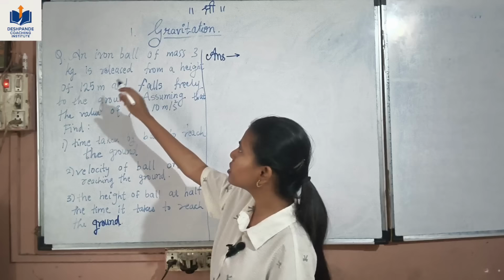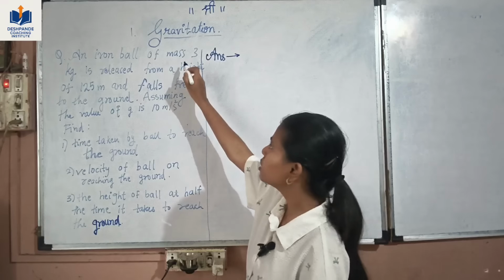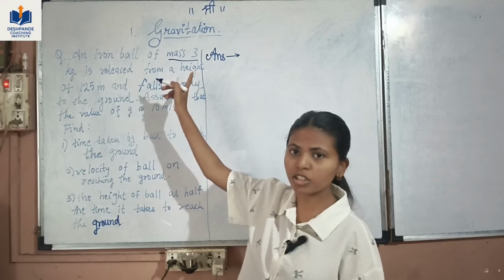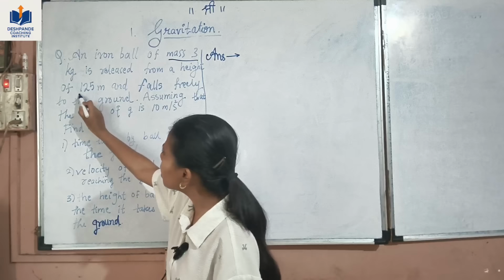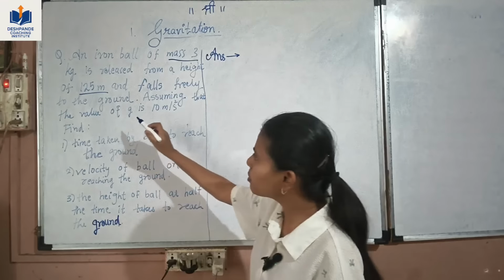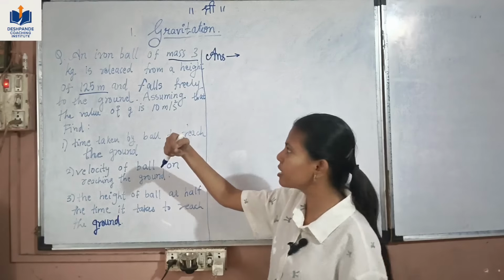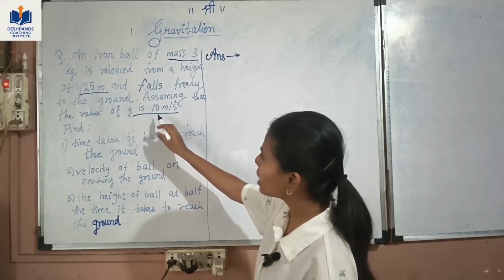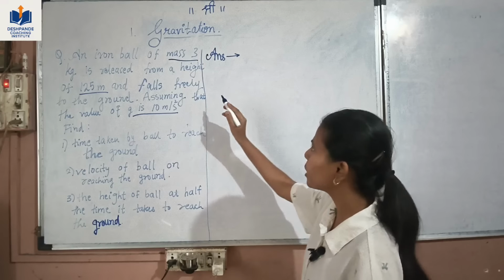Okay, so let's first mark what is given. Mainly we can see mass 3 kg is given, then height, which is nothing but the displacement s, is given, and g, which is gravitational acceleration, 10 meters per second square.